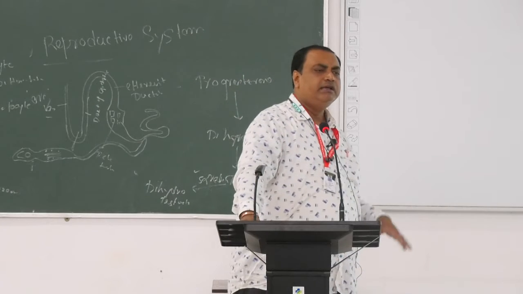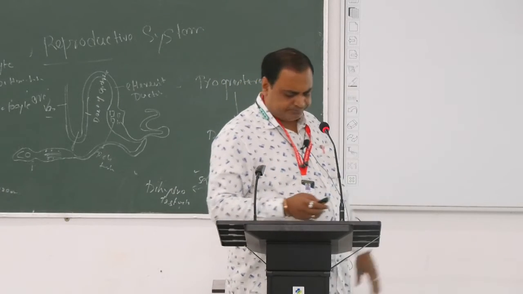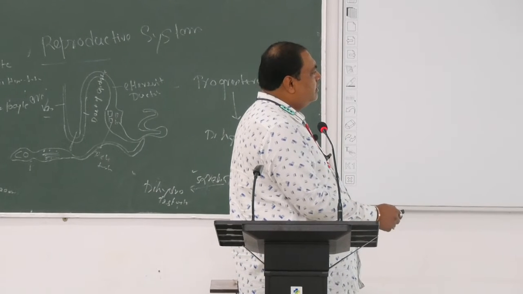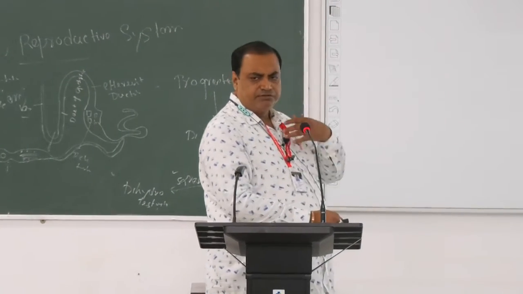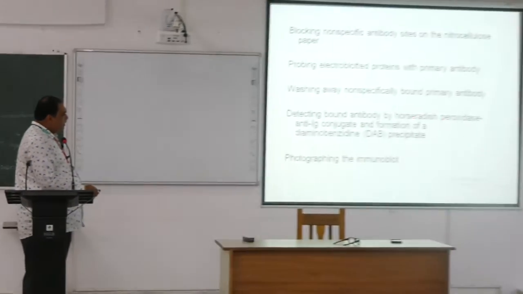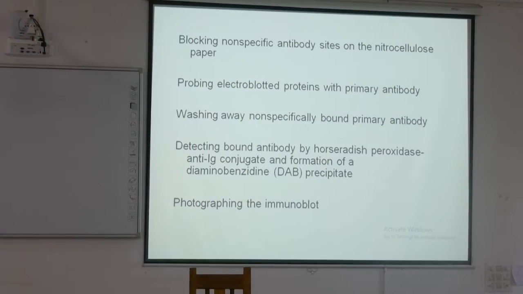Usually it is done with sheep albumin or bovine serum albumin. Now probing the blotted proteins with primary antibody, then washing away anything extra. Then detecting the antibody with horseradish peroxidase, which is an enzyme with peroxidase activity. Initially this was the process they used.